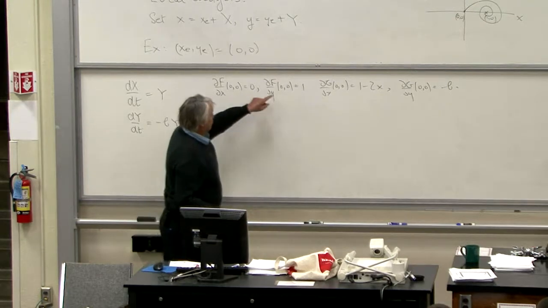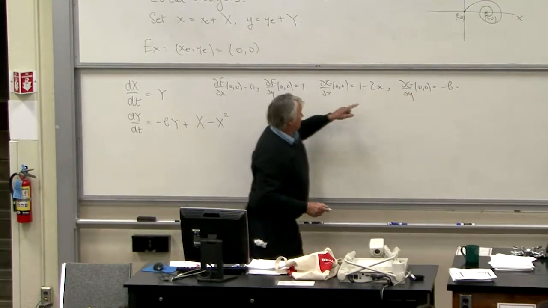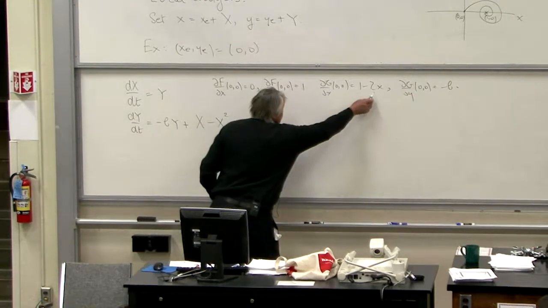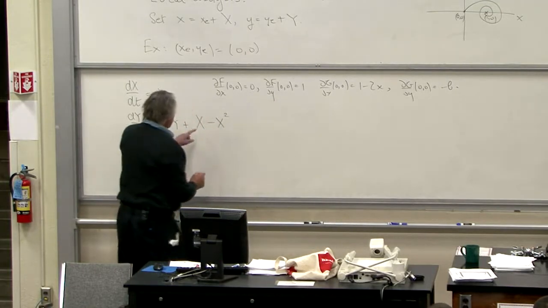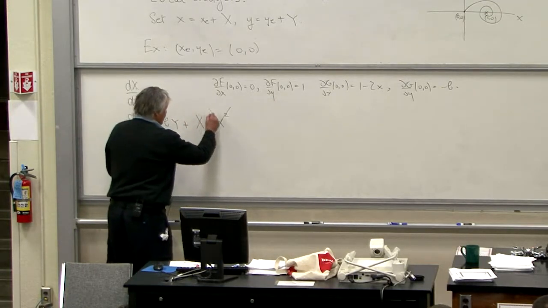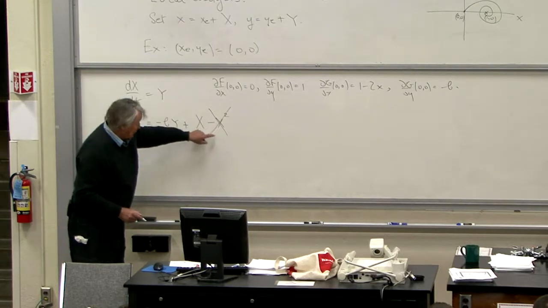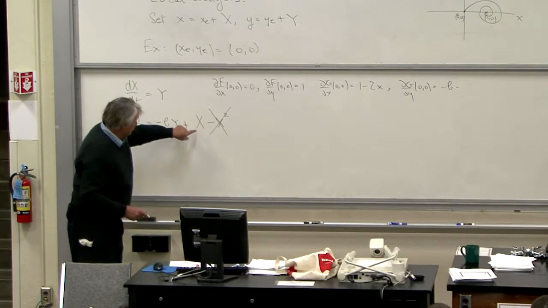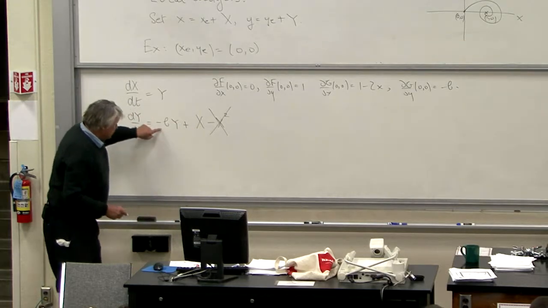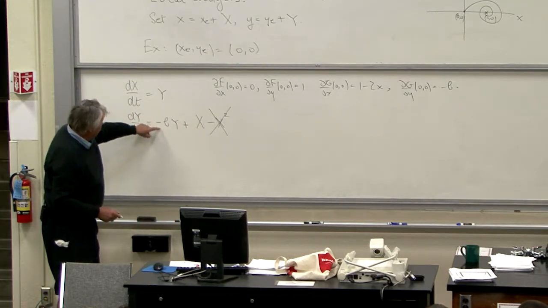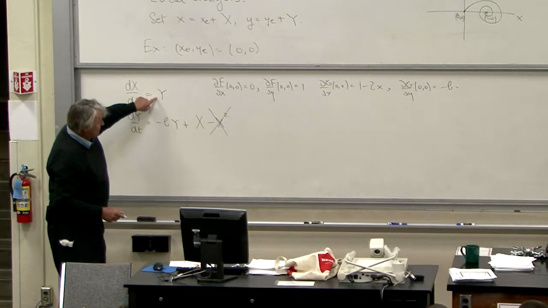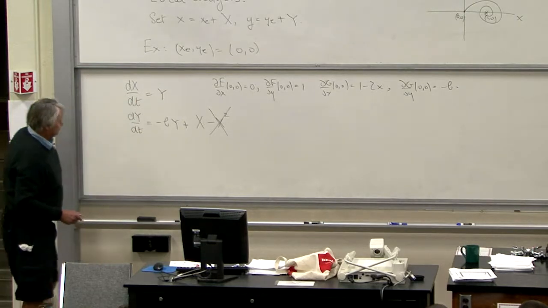So that's A, B, C, D. Now, at x equals 0, this is just 1. And that's what we find. You see, the C, we neglect the x squared. The C is 1, the D is minus b, the A is 0, and the B is 1.